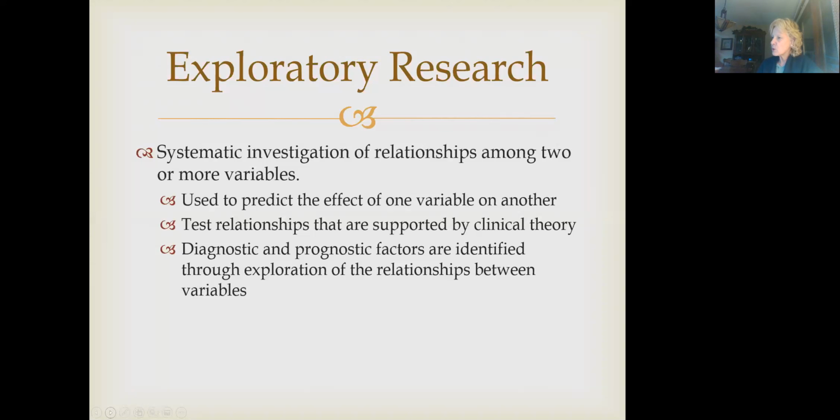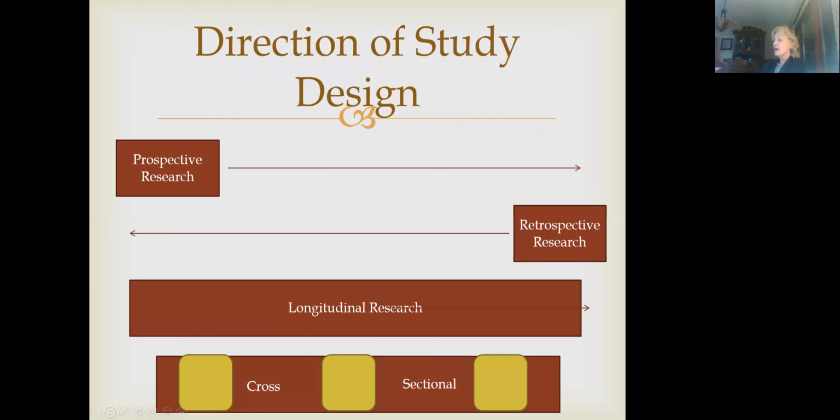And exploratory designs are used to predict the effect of one variable on another or test the relationships that are supported by clinical theory, or come up with diagnostic and prognostic factors that are identified through exploration of these relationships that exist between these variables. So these studies can be approached in a variety of different ways.